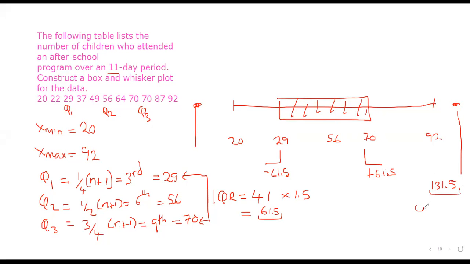That's the upper limit. You're going to get negative 32.5, the lower limit. So there's no outlier because all these numbers are sandwiched between the upper and the lower limit. So there's no outlier in this case.